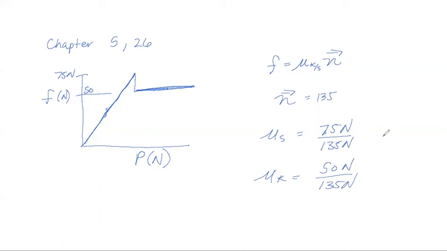Since it's a flat table, it's simply the weight of the object. So this one is going to be 0.556, and this one is 0.370. And one thing to note here is it is a unitless quantity. These coefficients of friction do not have units.